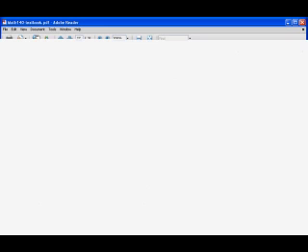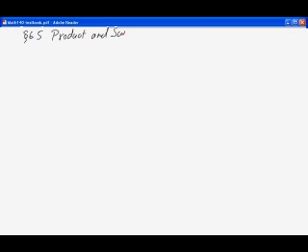Now let's begin section 5. In this section 5, we'll talk about the product and the sum identities. So in the last several sections, we have learned the sine and cosine of a sum and difference.